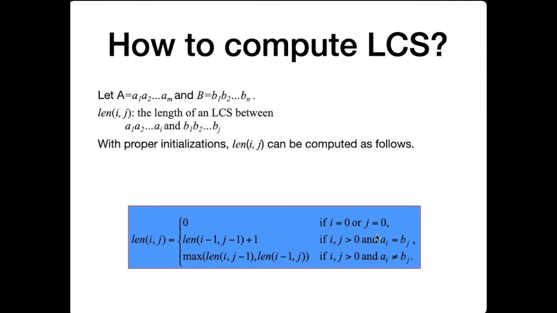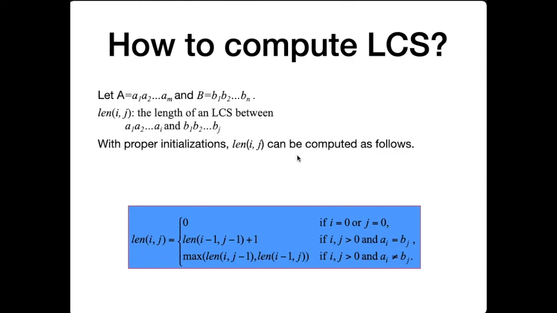So, that's the first condition. The second condition is the otherwise. Otherwise, when they are not the same, then the longest common subsequence is the maximum between two choices. Observe that for these two choices, one has a shorter B while the other has a shorter A. So, that's for the case where A sub i is not equal to B sub j.